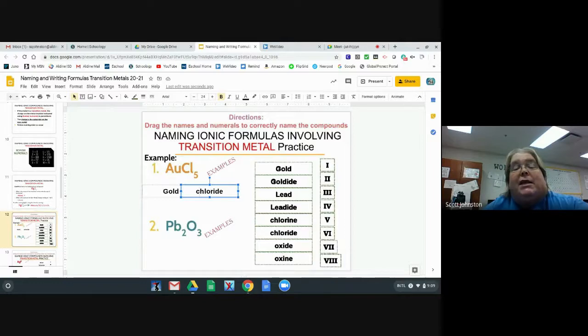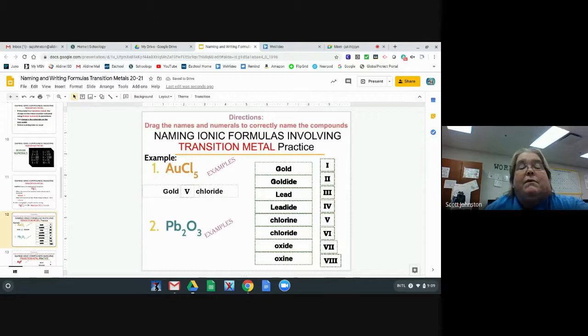So that means it took 5 electrons from gold. So we're going to grab this right here and bring it up in here. And so the name of this would be gold 5 chloride. Seems a little complicated. It really isn't.